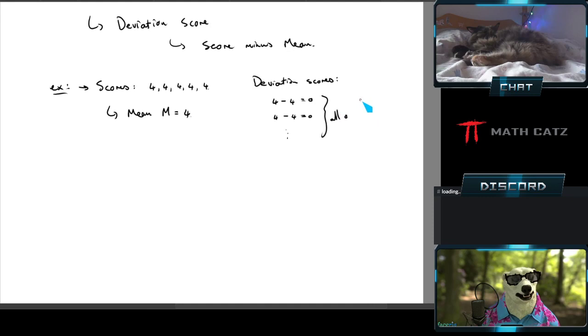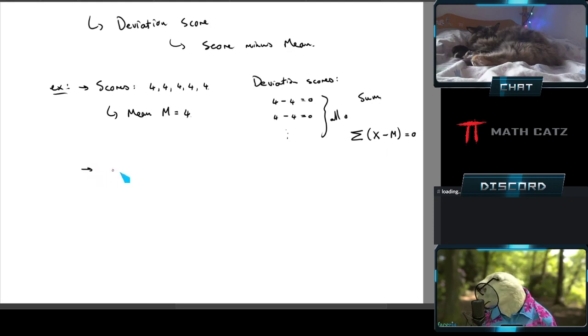So if I add up all the deviation scores, the sum of x minus the mean, I'm going to get a 0, which makes total sense because there is no deviation. There is no spread around the mean. If I look at my histogram, it's a single bar. There is nothing else. Okay, so it makes sense. All the deviation scores should be 0.